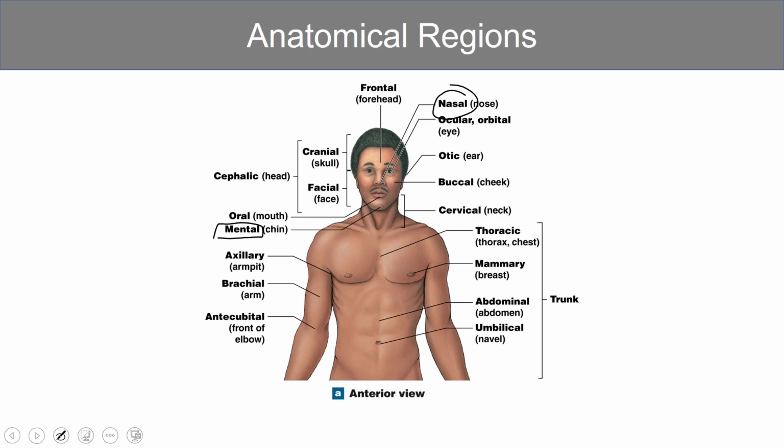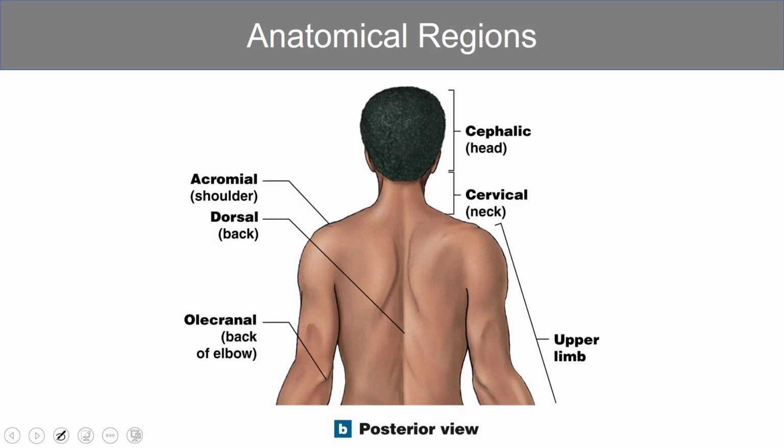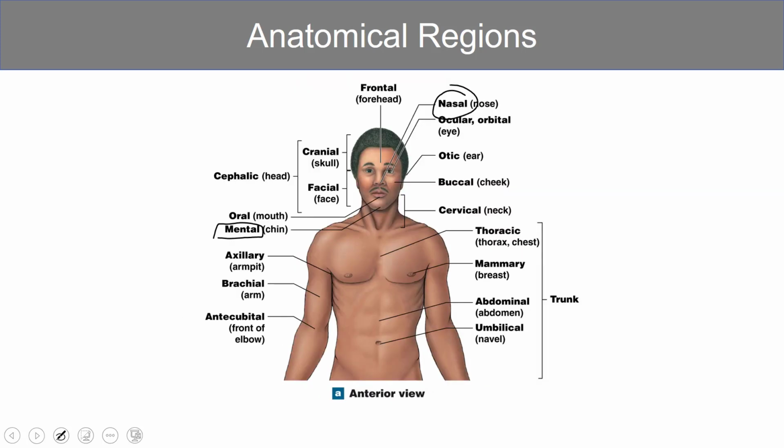So what I'd like you to do is start working on this terminology. And just a bit of a warning, this terminology from this figure, and you can see that this figure has multiple parts, will be on nearly every single exam that you take, so please do take some time and learn this now. It's also going to help you later on as we start to study different organ systems. So we have brachial nerves and we have axillary arteries.